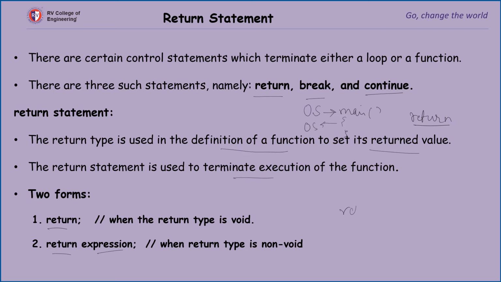If I just want to return the control, I make use of the return statement. If I want to return some value, I make use of something like this: return 0, or return 1. Sometimes I want to return the value of a particular expression to the calling program.